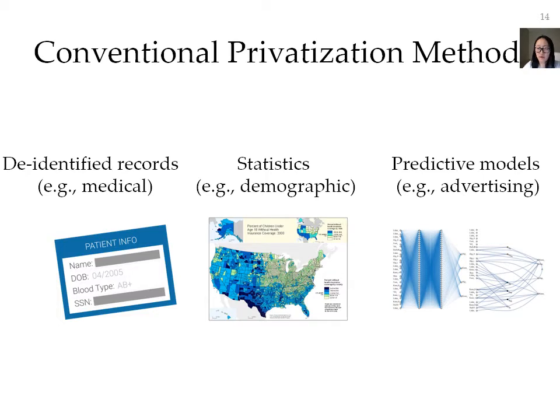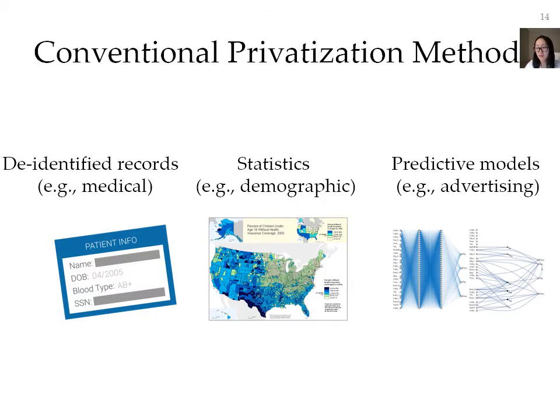There are some privacy protection methods applied in practice which use heuristic approaches, such as de-identifying data like medical records, or releasing aggregated statistics, for example, the data released by the US Census, or even in the form of machine learning models for prediction, where you cannot find any individual records.